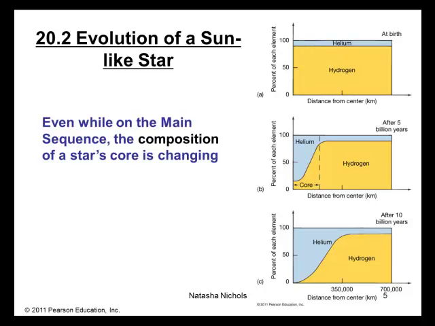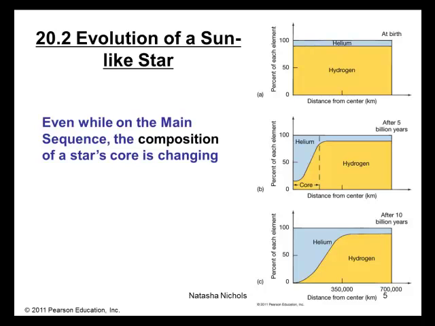In frame A, we have the abundances at birth, just as the star arrives on the zero-age main sequence, or the ZAMS. In frame B, we see the abundances after 5 billion years. At this stage, only a few percent of the star's total mass has been converted from hydrogen into helium. This change speeds up as the nuclear burning rate increases with time.